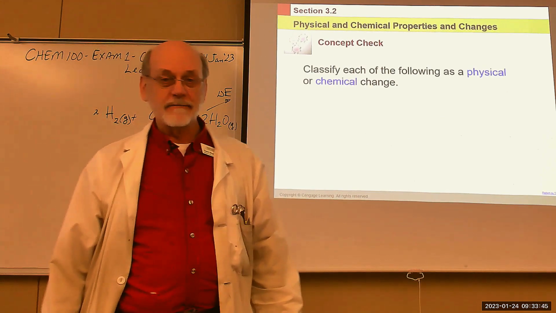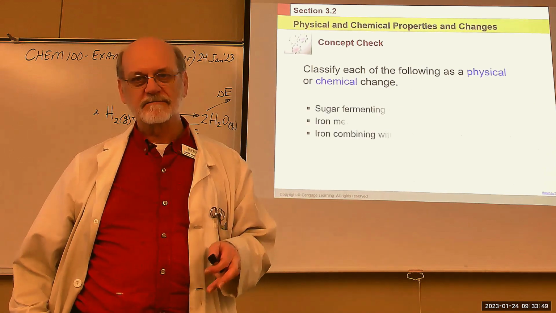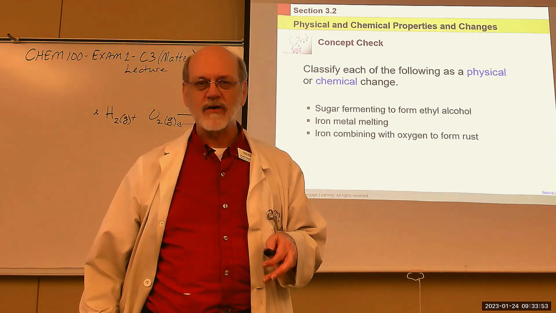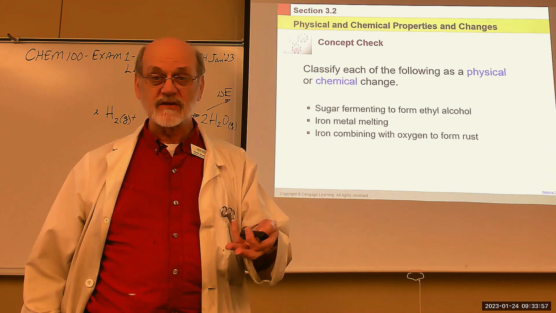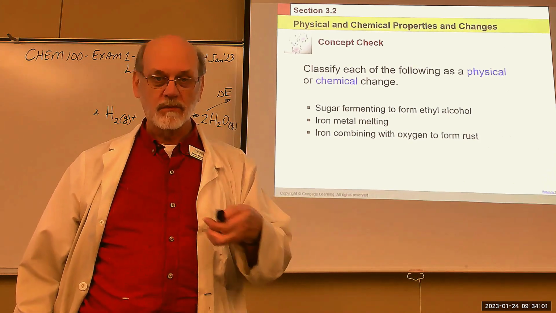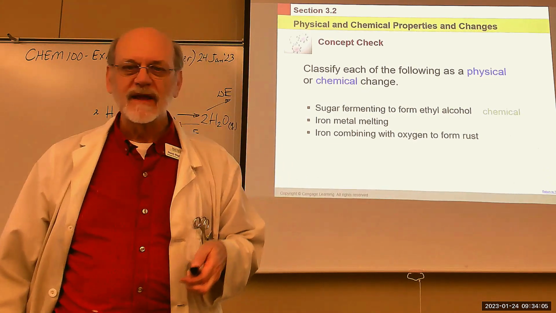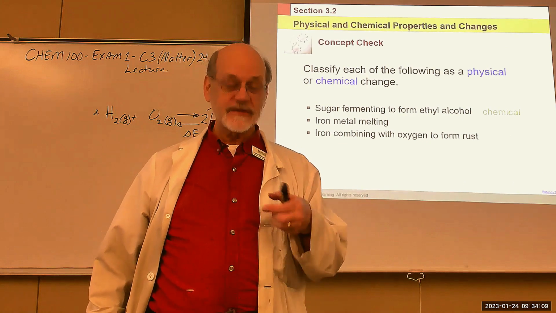Okay, we get another chance. Physical or chemical change. Okay. Sugar fermenting to form ethyl alcohol. That's a chemical change. We have changed the identity of sugar to ethanol. Right? Iron metal melting. We still have iron.